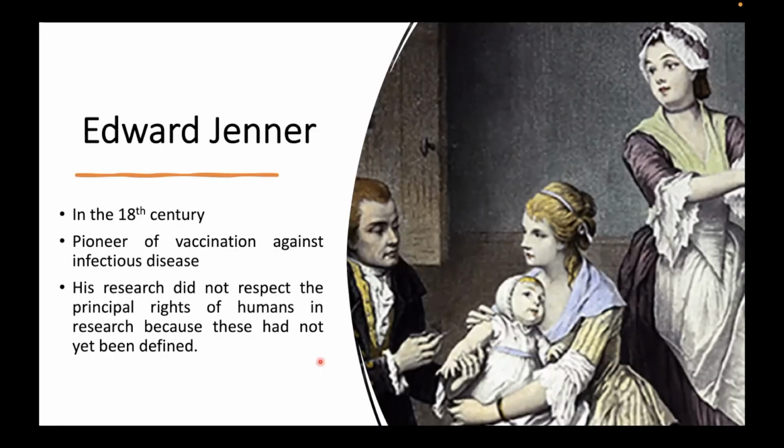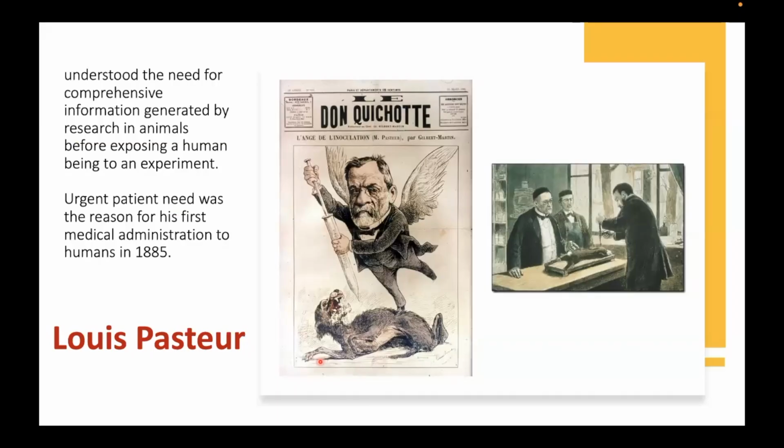principal rights. Okay, next is Louis Pasteur, also considered to be the father of microbiology. He was the one who developed the process of sterilization, which is pasteurization. He's also the microbiologist and doctor who discovered the rabies vaccine.